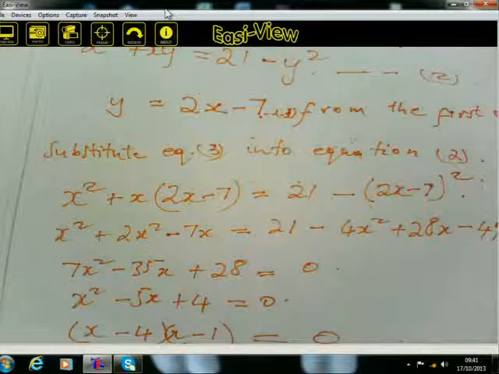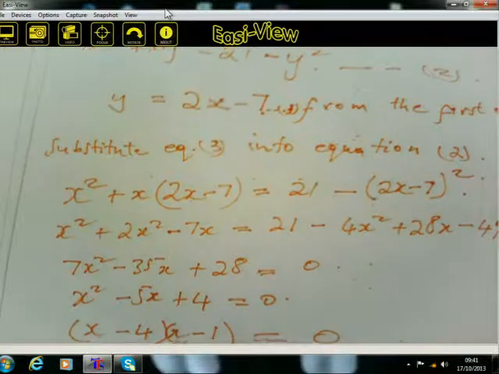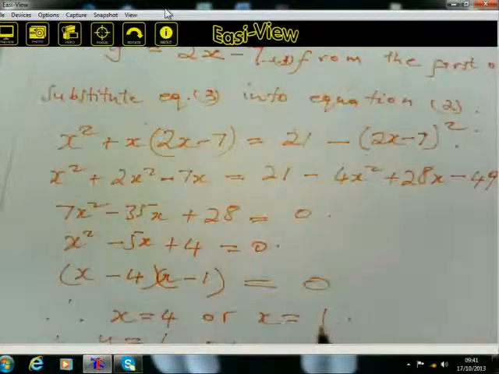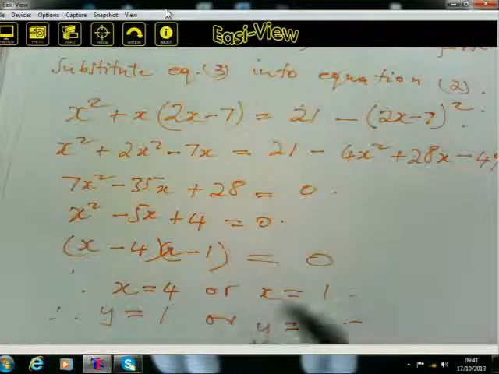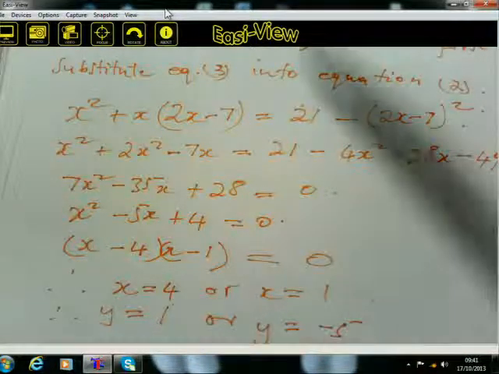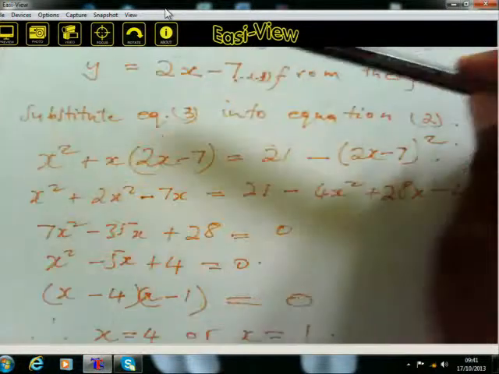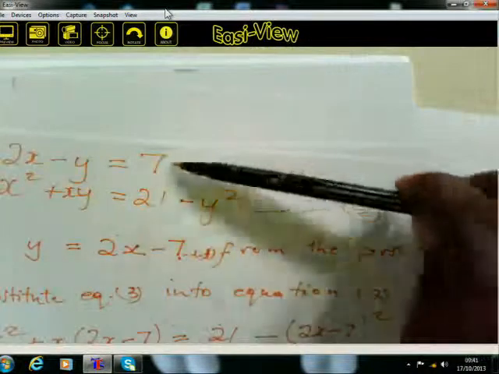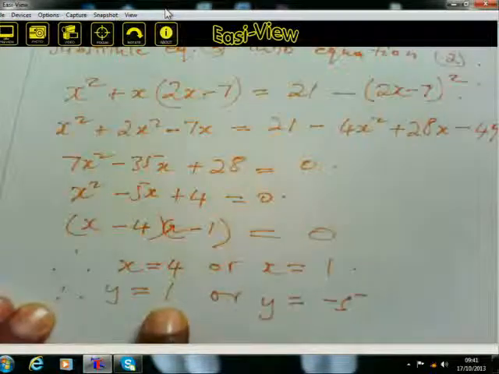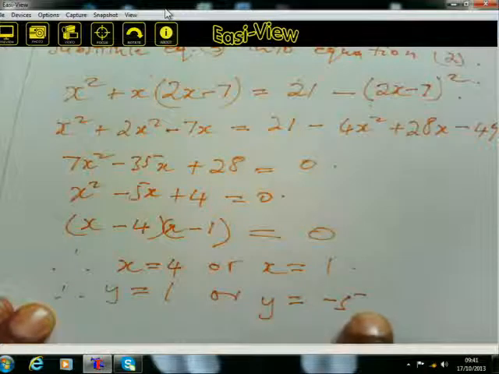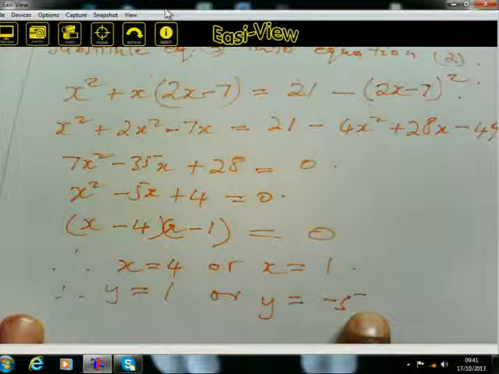The whole thing is equal to 0, meaning that x will be equal to 4 or x will be equal to 1. Now, upon substituting x by 4 and 1 in the original equation, y is going to be equal to 1, or y is going to be equal to 4.